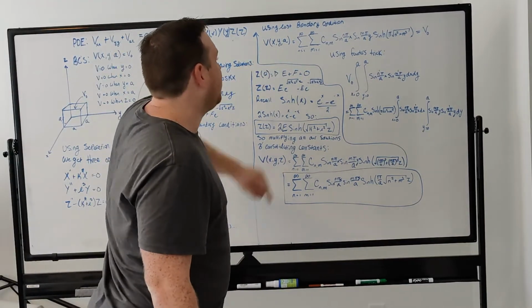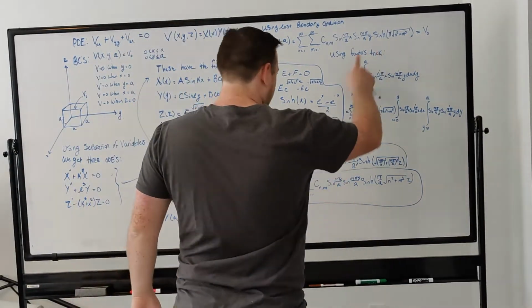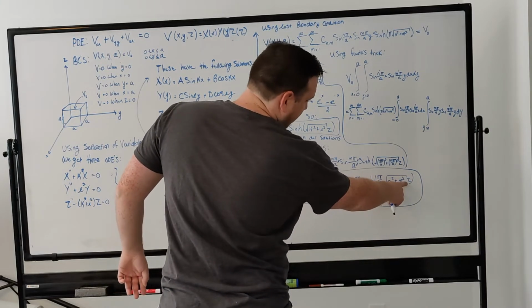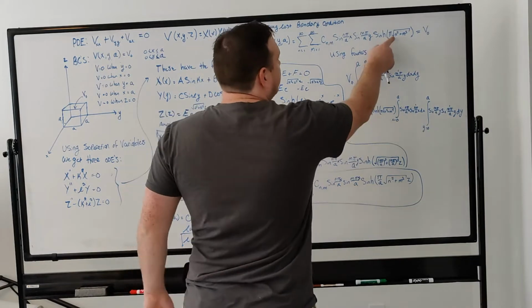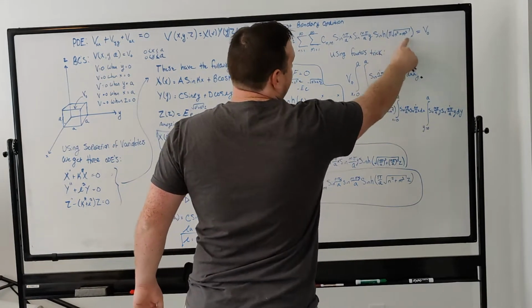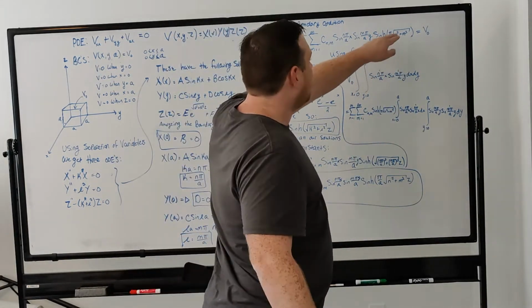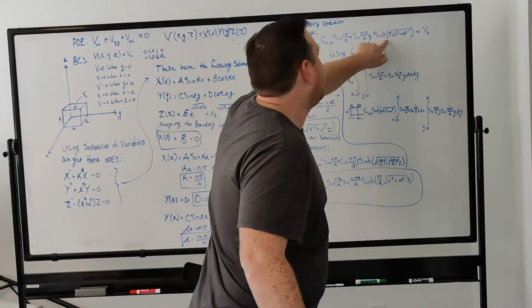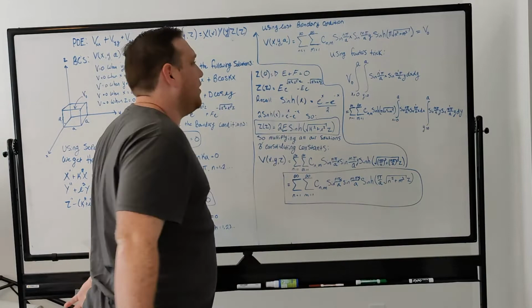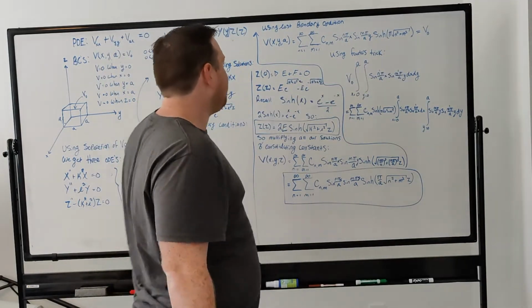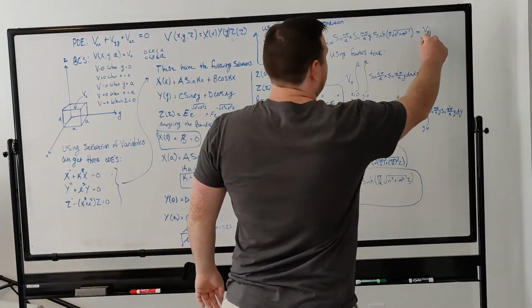Plugging in a for z cancels the a here. So now there's just a pi, and this hyperbolic sine term is just a constant. Everything here is a constant. n, m is a constant, pi is a constant, so this is just a constant now. And this whole thing is equal to V naught.